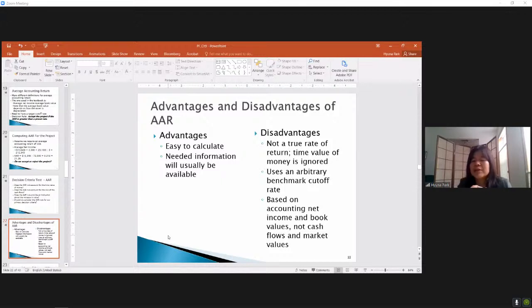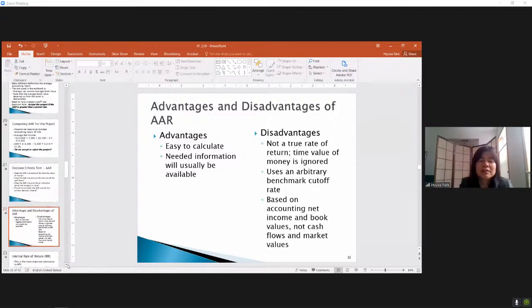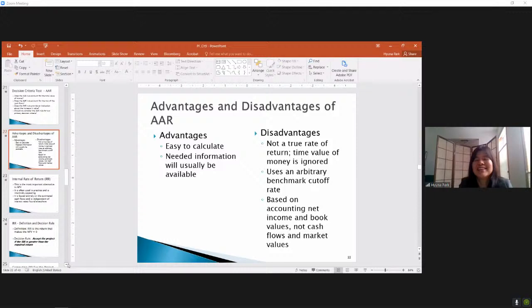In finance, we focus on market value. So that's a problem of average accounting return. But still, many people use it, so that's why you learn it. But that's definitely not our primary decision-making tool in finance.